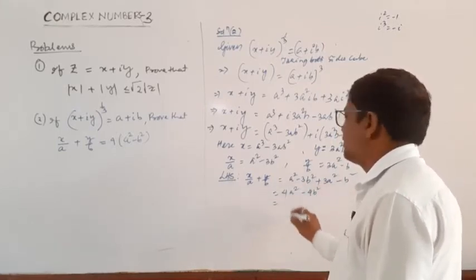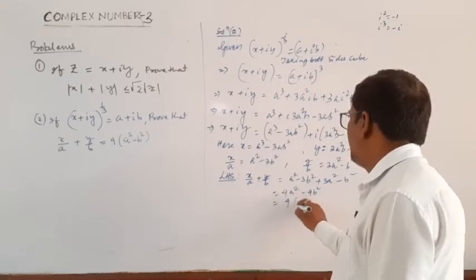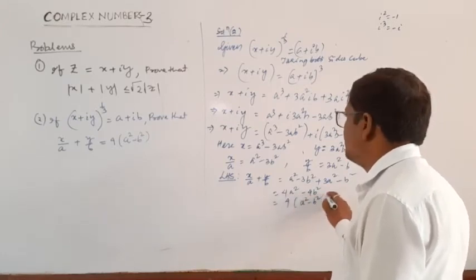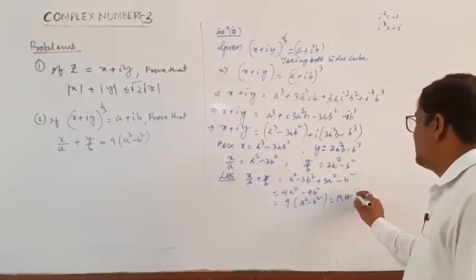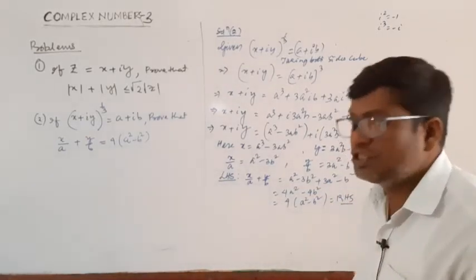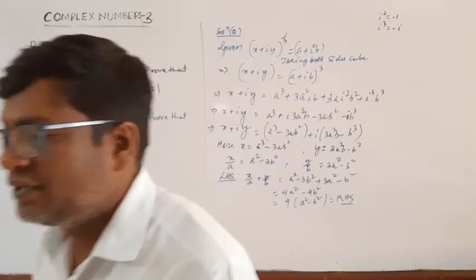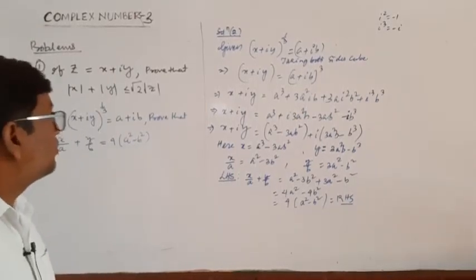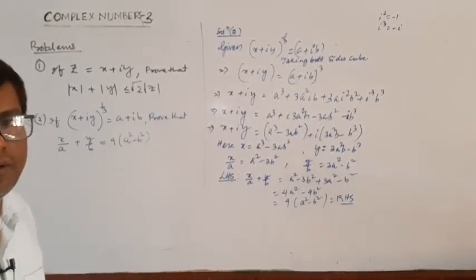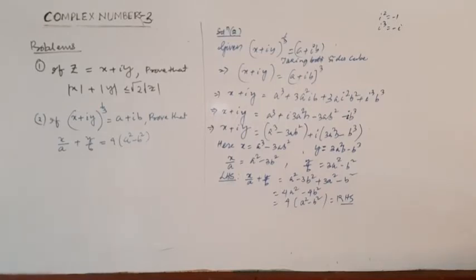So taking 4 as common, 4 into a square minus b square, which is right hand side. This is solution of question number 2. Okay, now another question.